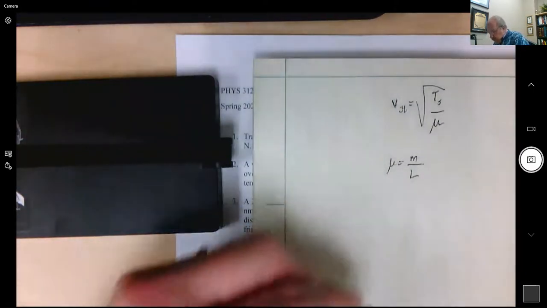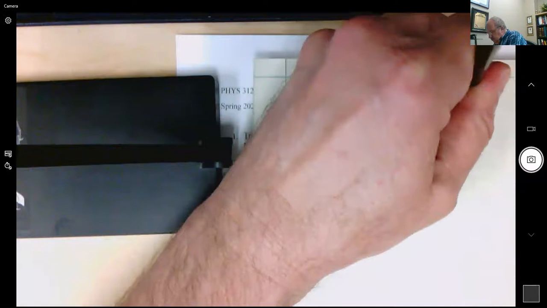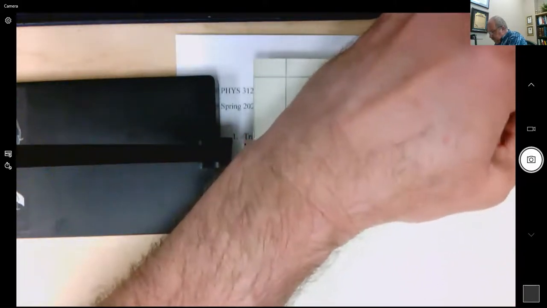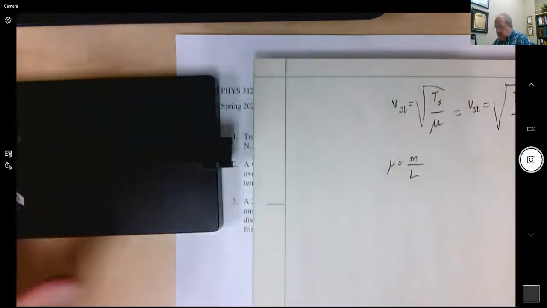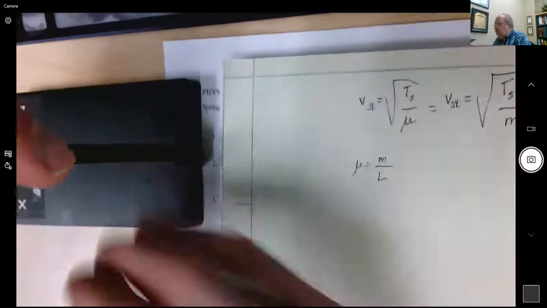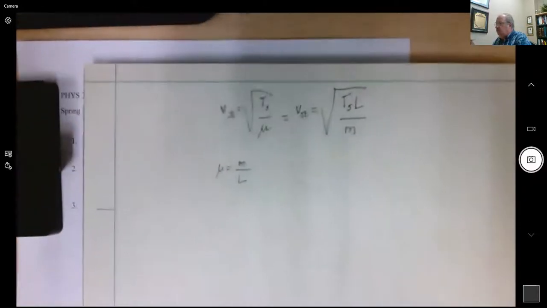I plug this in, so the velocity of the string is equal to the square root of the tension of the string times the length of the string divided by the mass.